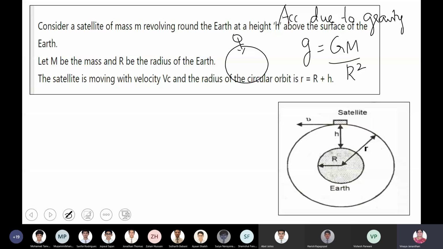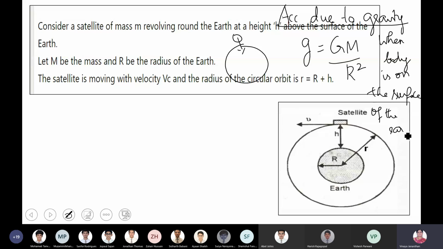This is the acceleration due to gravity when the body is on the surface of the Earth.